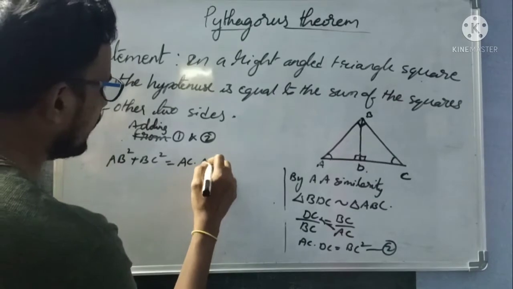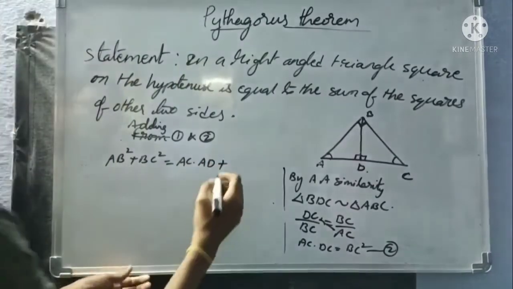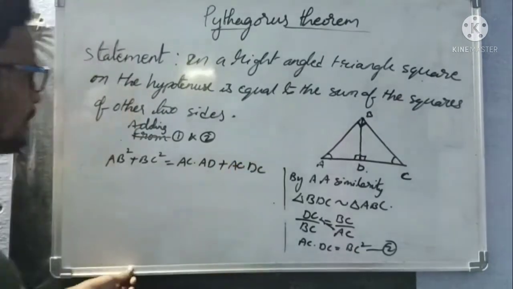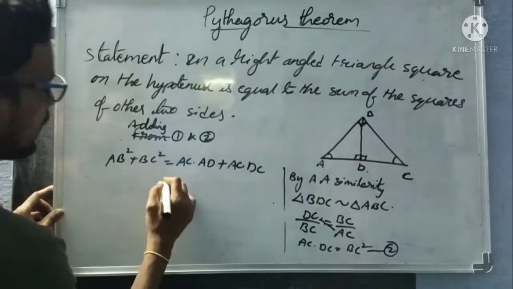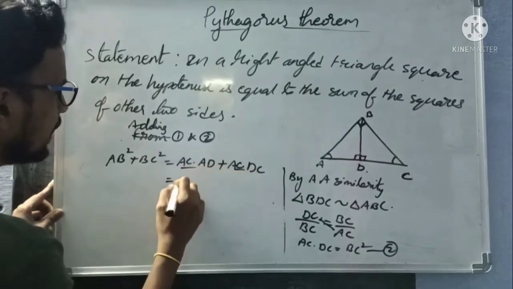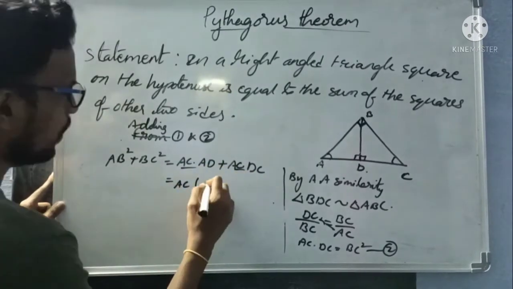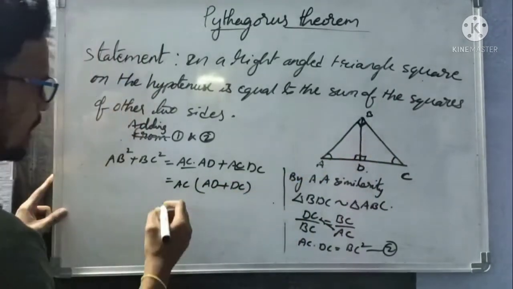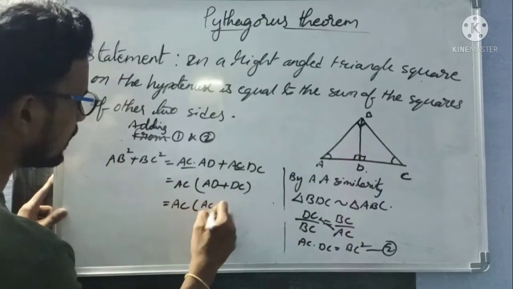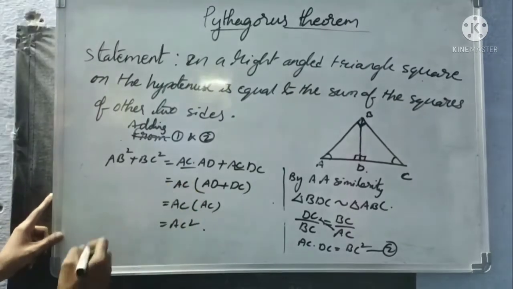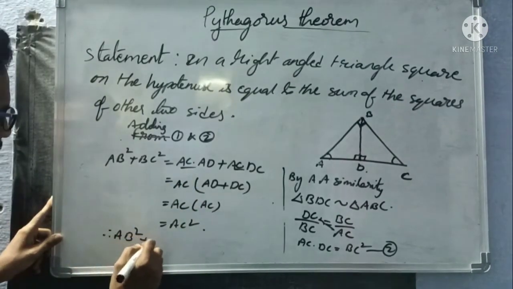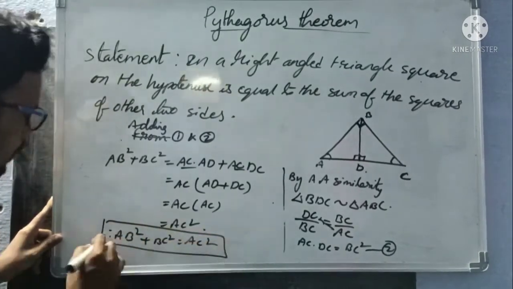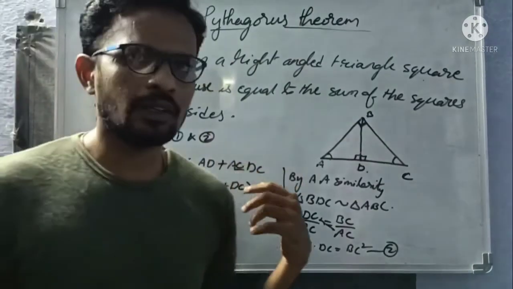AC into AD, plus BC square is what? AC into DC. Right? So that is equal to, if I take AC common here, AC into AD plus DC. Right? So AD plus DC is how much? AC again, right? So AC into AC is nothing but AC square. Therefore, AB square plus BC square is equal to AC square. This is what we have to prove. And we have proved. Okay?